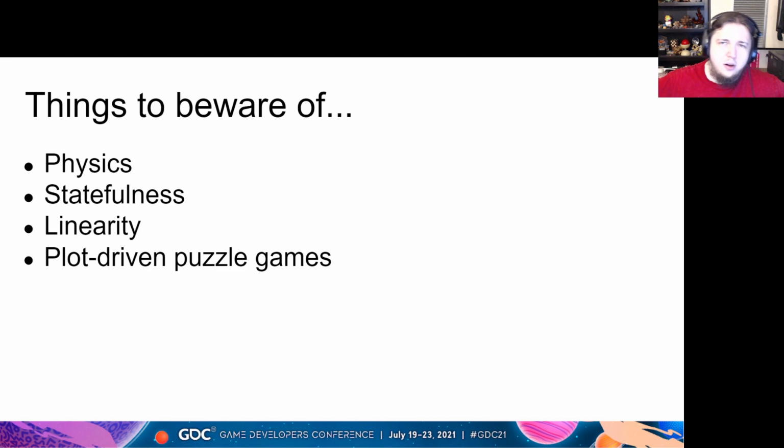You have rolling balls, you have cubes that move under gravity, that can be placed on buttons or be placed to jump on, etc. The problem is that puzzles are often about eureka moments that are about discrete state spaces. What is necessary in order to get here or to do this? And physics lives in a continuous space. And sometimes it's just not as nice to reason about a continuous space as a discrete one.